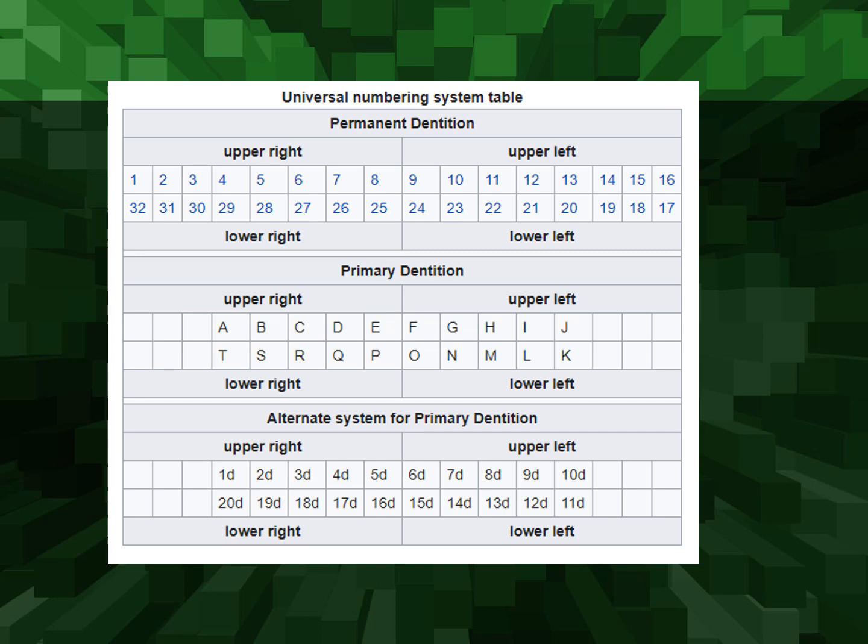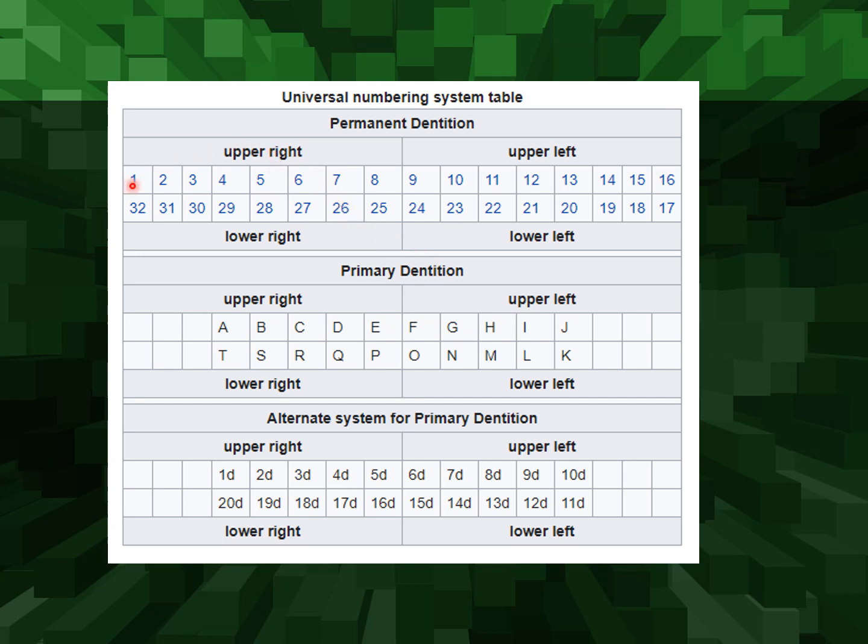In this table, they are shown a universal numbering system for permanent dentition, primary dentition.